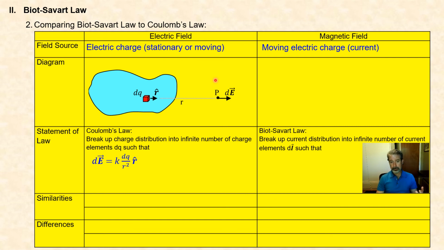Once we had done that, we came up with an expression for the infinitesimal contribution to the field for each dq, expressed in terms of a single integration variable. We could then sum up all of those field contributions to get the total field at the field point, which in the language of calculus amounted to taking the integral of dE. Very similar concept here, not the same, but similar, when we're calculating magnetic fields.